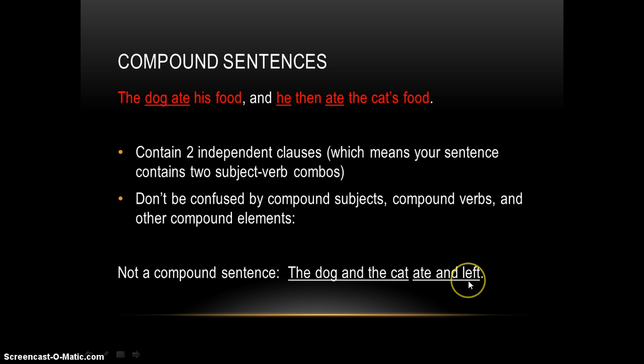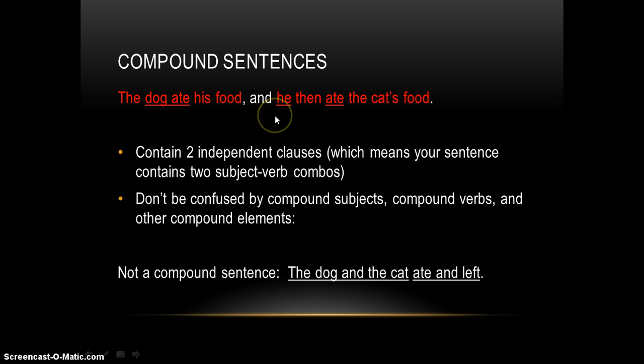So this is a compound verb and a compound subject, but because there's two nouns and two verbs does not make it a compound sentence, right? If you wanted to cut the sentence down by that test I mentioned, they ate and left. So there's only one subject and ultimately two verbs, but you've got to have a verb and a subject and a verb and a subject in order to make a compound sentence.